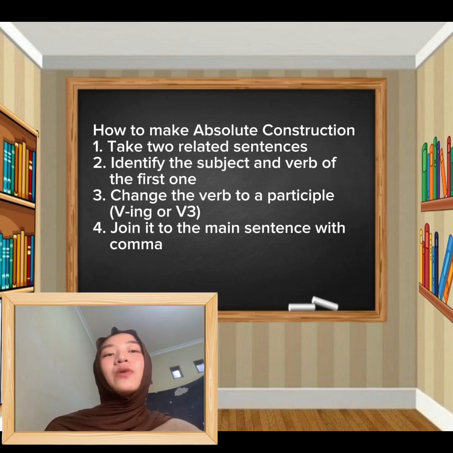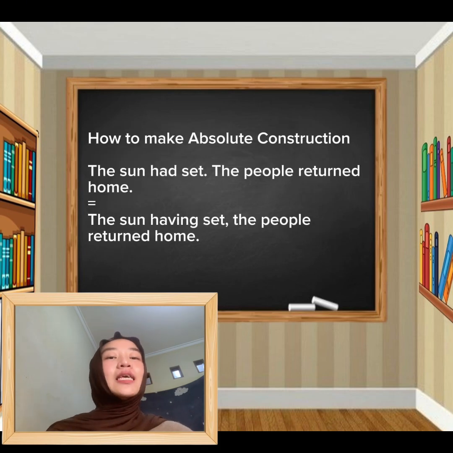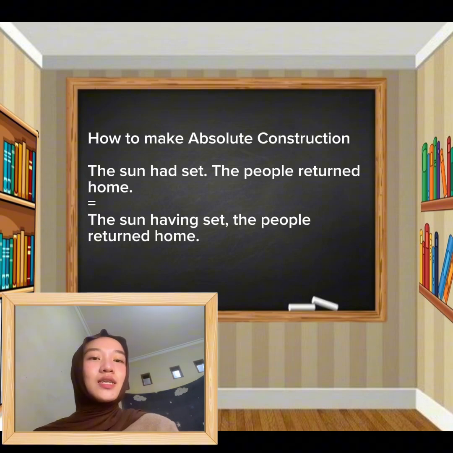It can be verb-ing or past participle or verb 3 as we know. And the last one, fourth, join it to the main sentence with a comma. For example, the sun had set. The people returned home. The sentence the sun had set turns into the sun having set. It built an absolute construction.